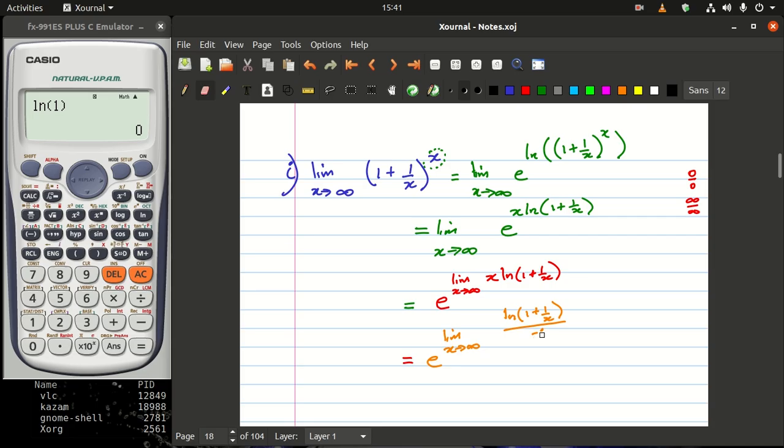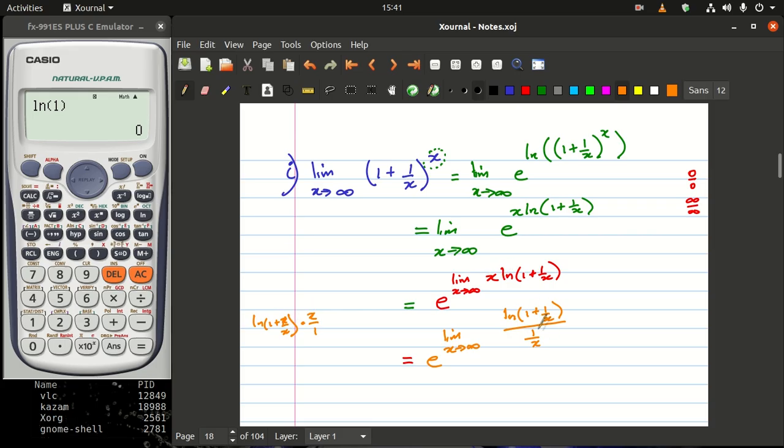But if I change this and say that this one is 1 over x, you will see that when dividing, remember that if I have ln of 1 plus 1 over x divided by 1 over x, the division becomes multiplication, and if I change the numerator and the denominator, I will end up having x over 1, and then this whole thing will become that.